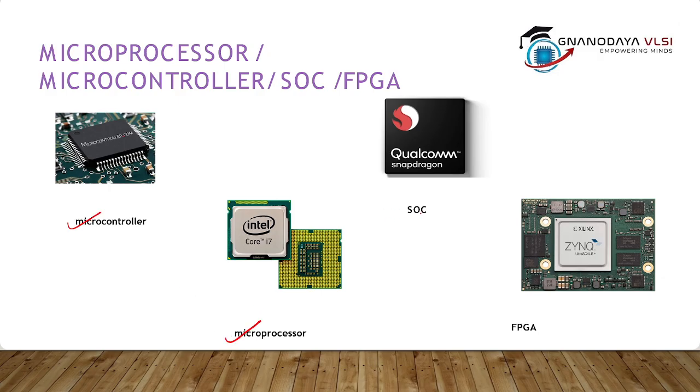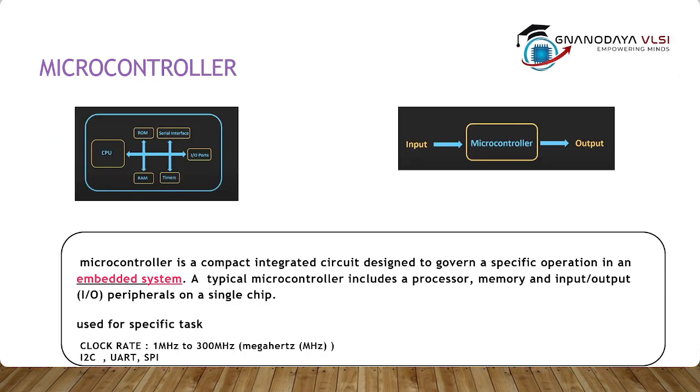This is SoC, system on chip, and this is FPGA, field programmable gate array. A microcontroller is nothing but one CPU within an IC: you have CPU, ROM, serial interface, RAM, timer, and IO ports within a single IC. I think you already studied the basic 8051 microcontroller.